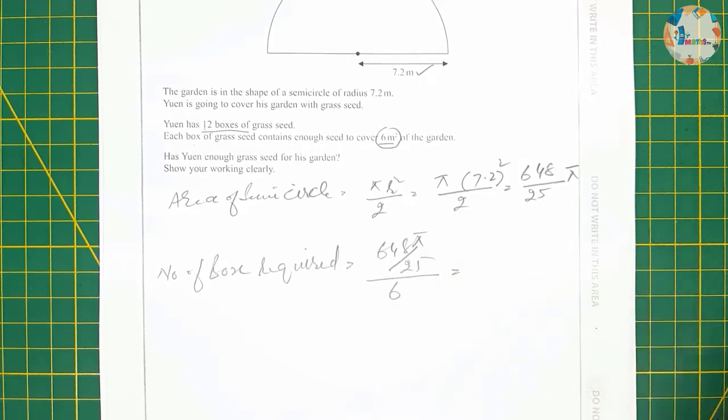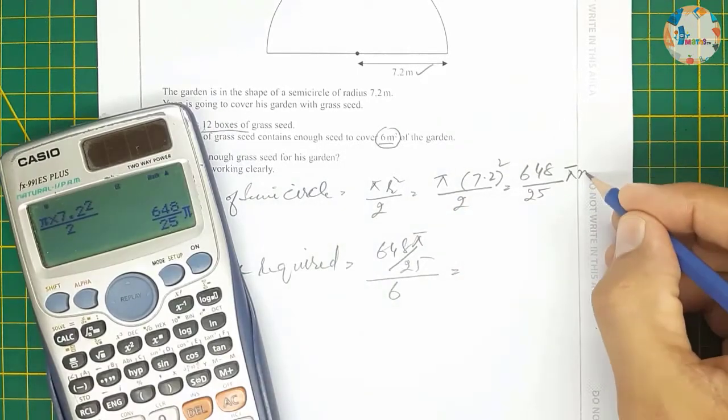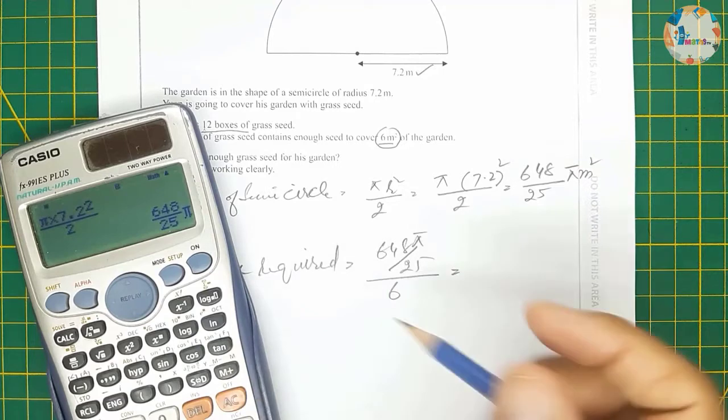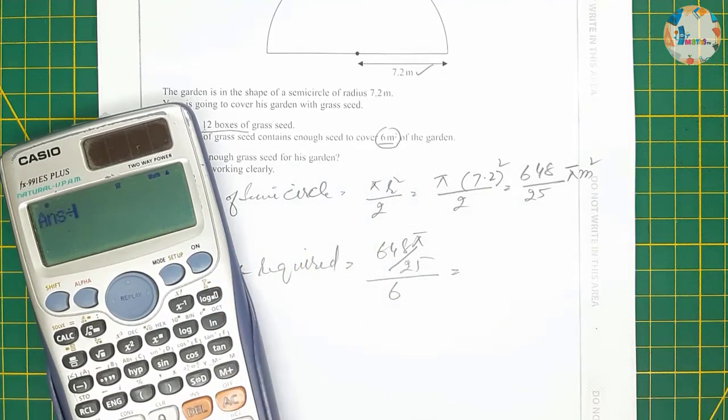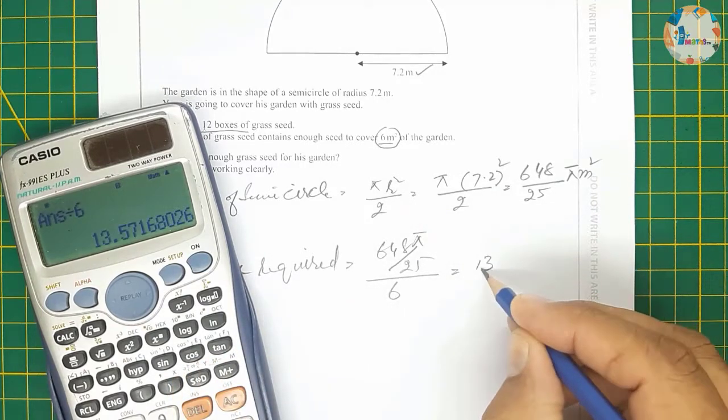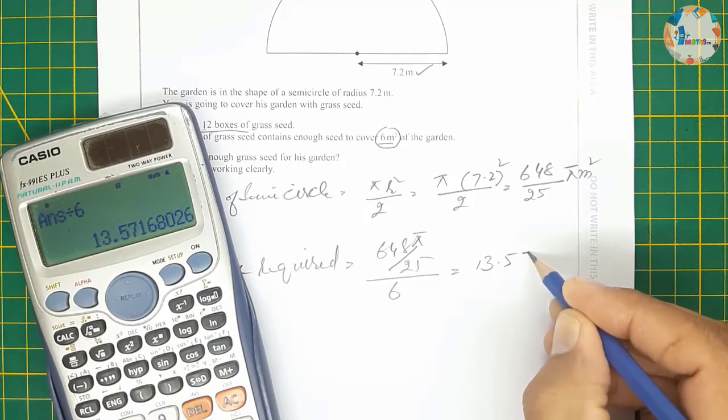This is basically a meters squared area, so we'll be dividing this, and it is equal to 13.57.